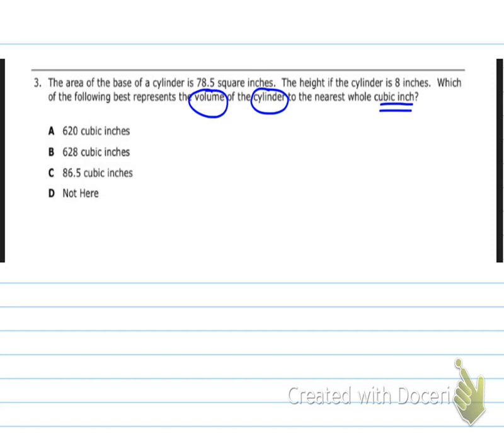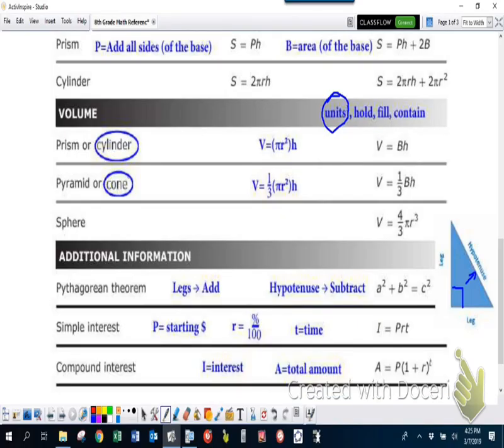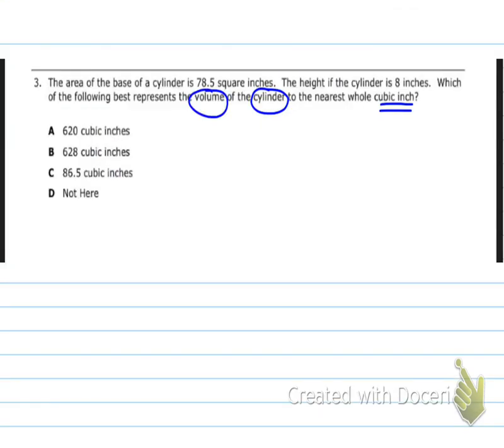Okay, so what's the volume of a cylinder? I go to my formula chart, I'm looking for volume, I'm looking at cylinder, and I use this formula primarily. There's going to be an issue, but I want us to see it. Okay, so the formula starts off like this, but since I'm working with a cylinder, I go ahead and use my adjusted piece, but I want you to notice that they gave me area of the base.